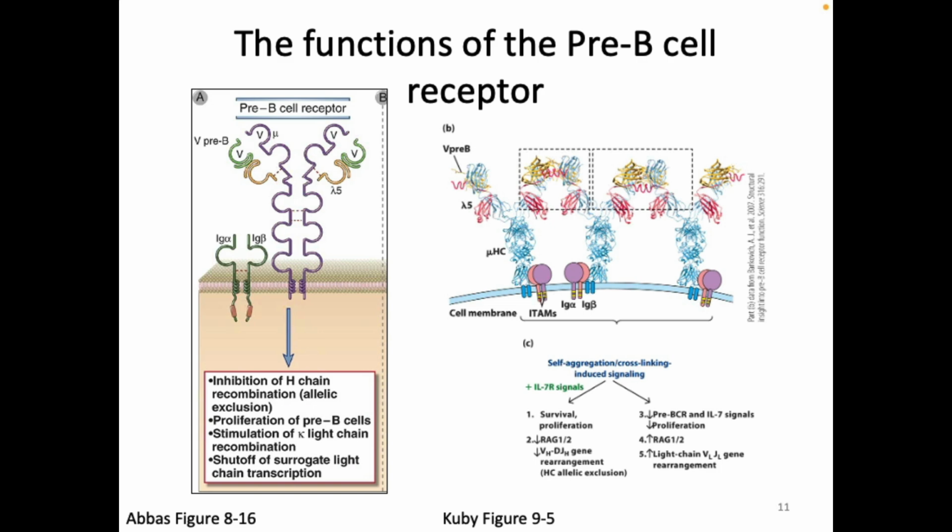And so when we turn off RAG1 at this step of pre-B cell, we often refer to this as allelic exclusion.